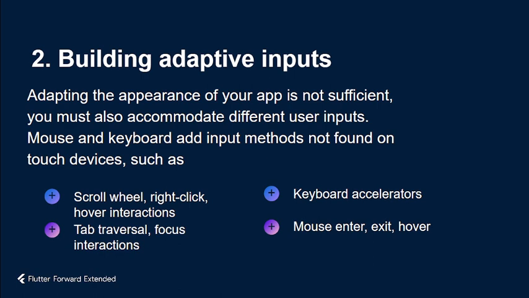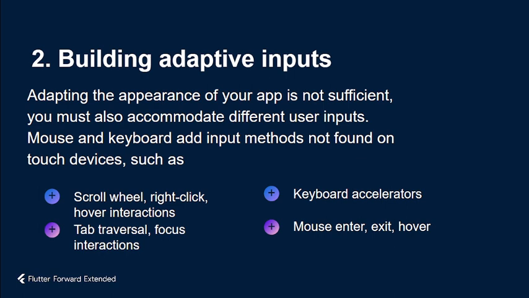There are also keyboard accelerators and mouse enter, exit, and hover. Let me talk about each of these in a nutshell, so that you can understand how they affect the adaptiveness of your app.